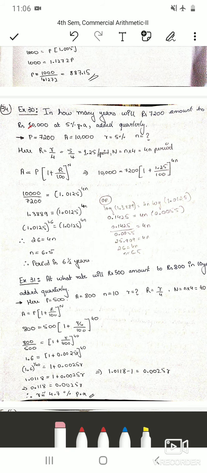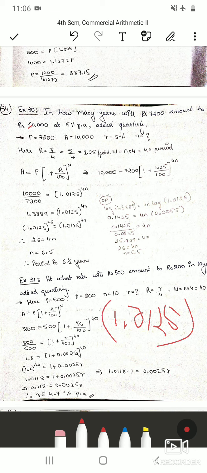So I'll repeat that shortcut once again. So suppose they have asked 1.0125 whole raised to 3. Then what we will do in our calculators, first type 1.0125, then press the multiplication sign, and then press the equal to symbol 2 times.